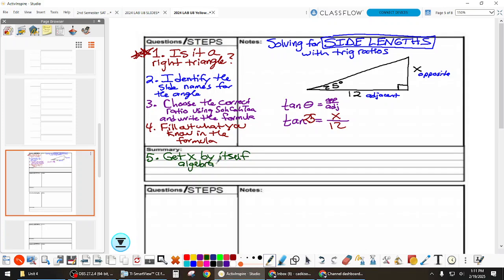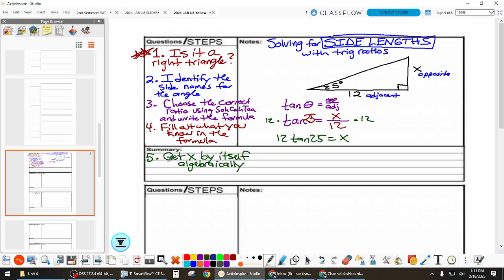How would you get that x by itself? What has to go? The 12 has to go. It says divided by 12, so what do you do to get rid of it? Multiply by 12. So this is going to look like times 12, times 12, and we're going to get 12 tangent of 25 equals x.